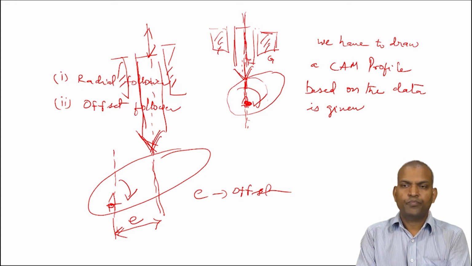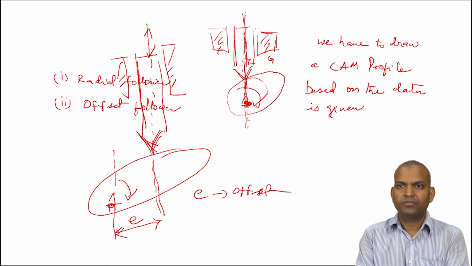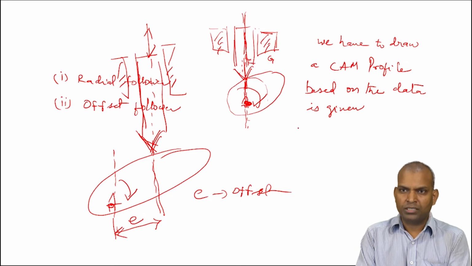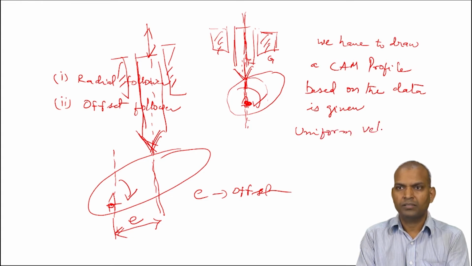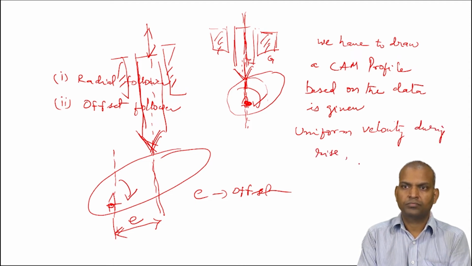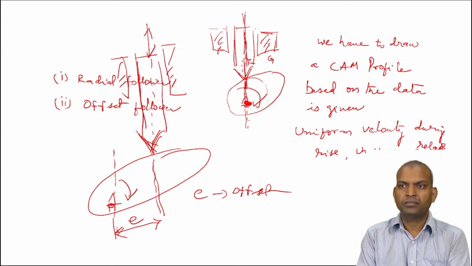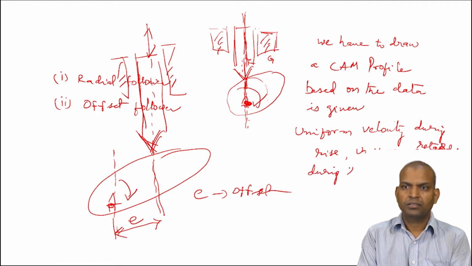Suppose the data given is the follower motion: if the follower moves with uniform velocity during rise, and uniform acceleration or uniform retardation during return.